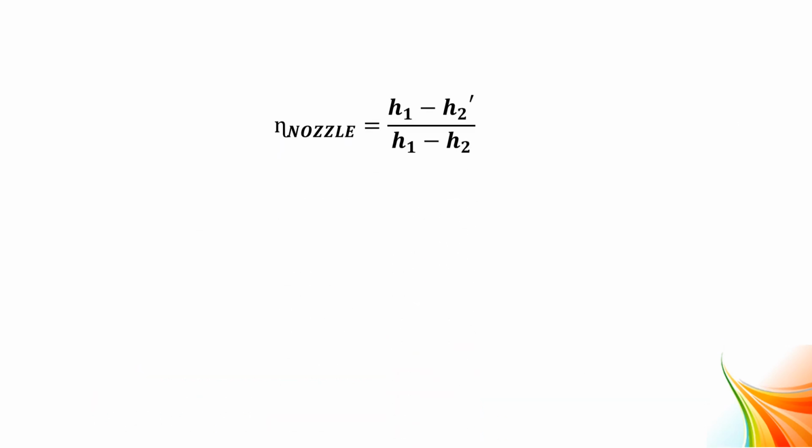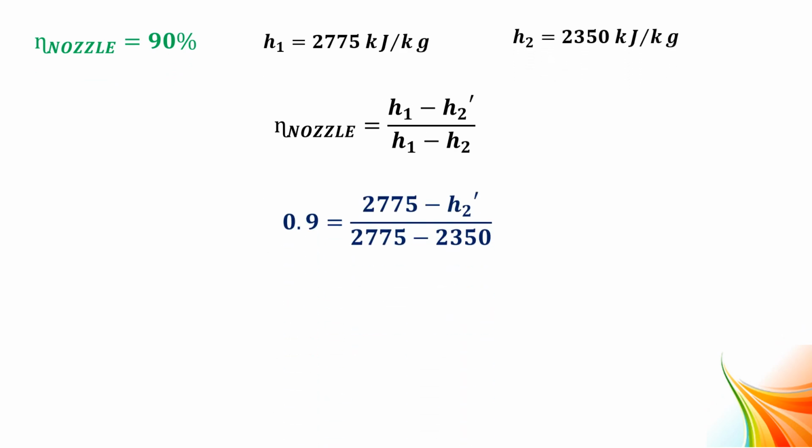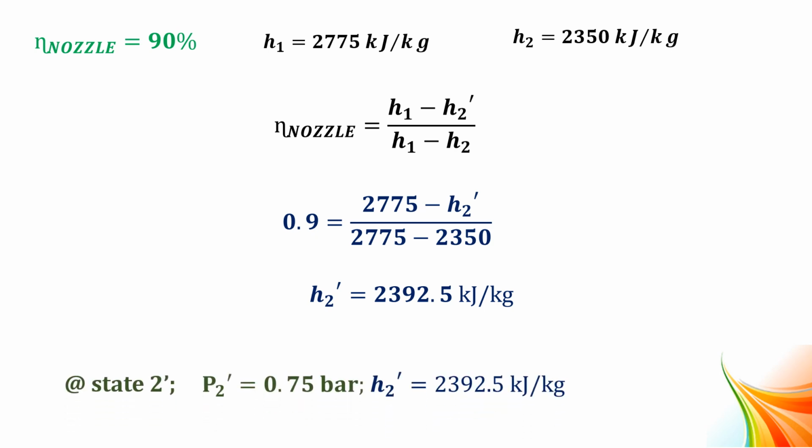Nozzle efficiency: H1 minus H2 dash equals 0.9 times H1 minus H2, and we are finding H2 dash. P2 dash, H2 dash we have found.